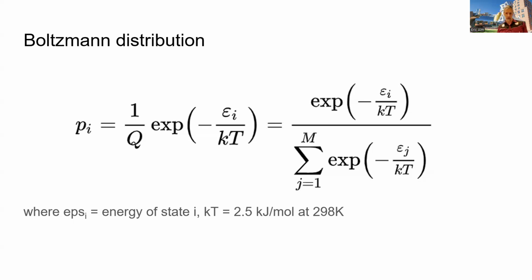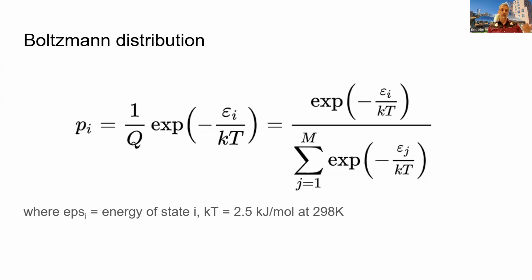So the Boltzmann distribution tells us that if we have two different states a particle can be in, and the difference between those states we can quantify in terms of energy, in terms of the number of kilojoules per mole, then we can calculate the relative log likelihood of observing the particle in one state versus another. That's captured in this formula, and that energy comes in some units, but we want it in natural units.